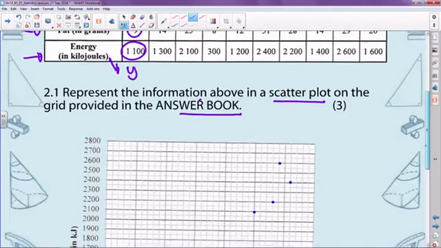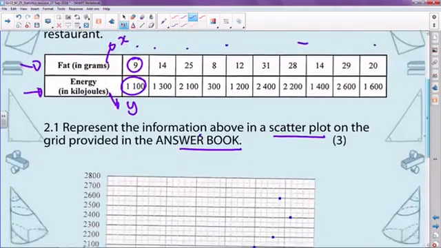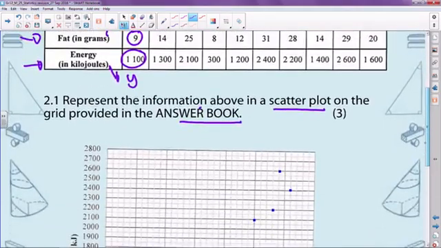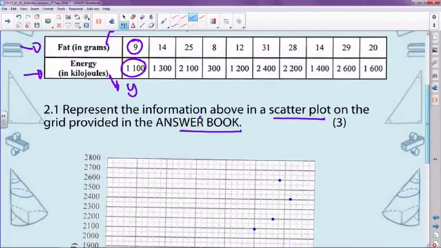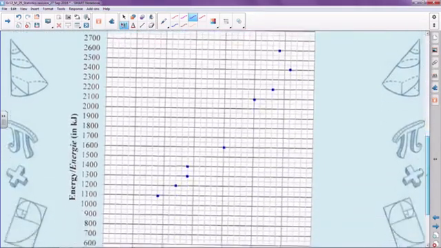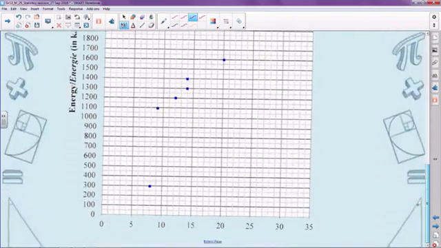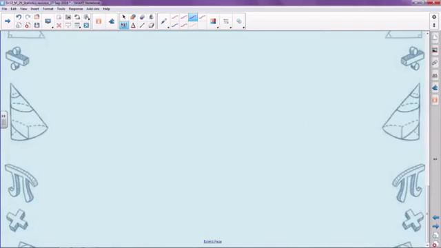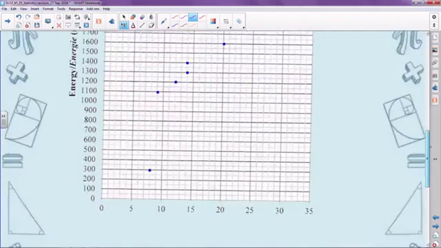All right, so I've already plotted these points for you so that it's easier for us to go through this question together. So for example, when I look at fat of 9 grams, I see that the energy released is 1,100 kilojoules. So on your graph paper, you'll see where we have a value of 9 for the x value, or the fat value, and remember you must label your axes.